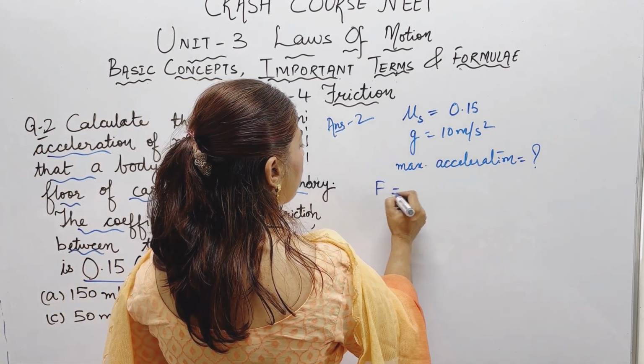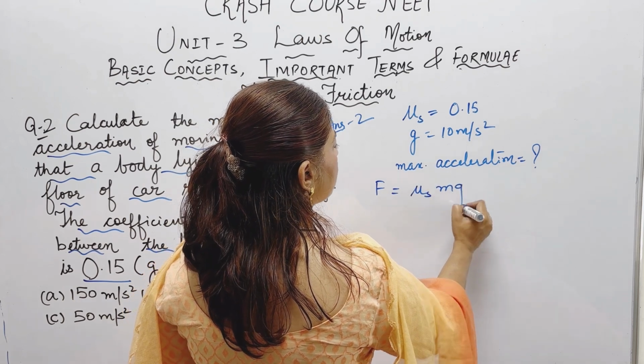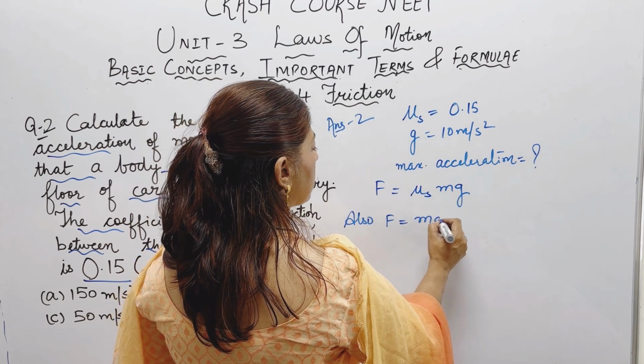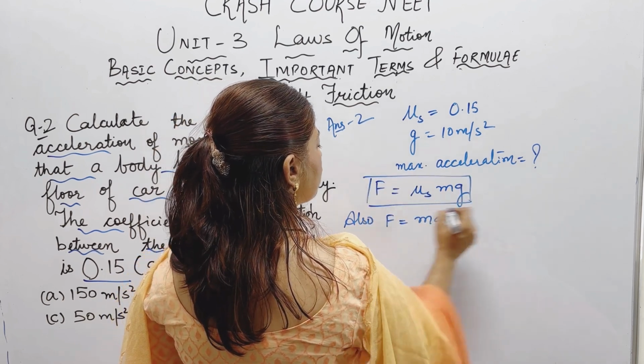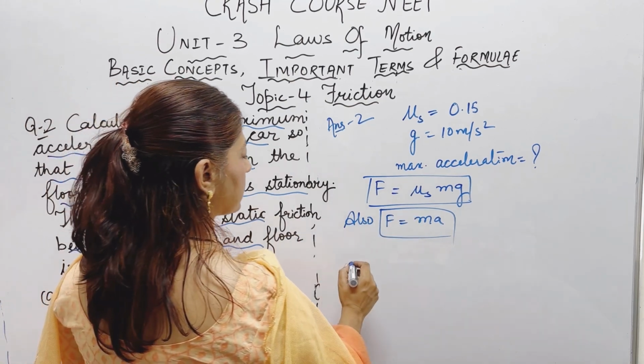So F is equal to mu s mg. Also, the force is equal to mass into acceleration. These are the two formulas that will help us to do this numerical to find out the acceleration.